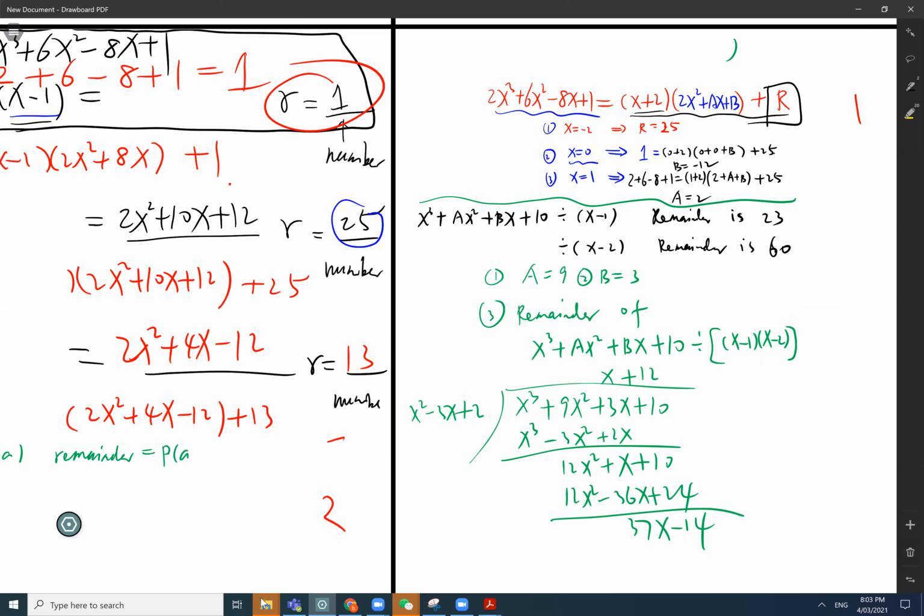Okay. This is the remainder. If you divide by quadratics, the remainder could be with some x on.